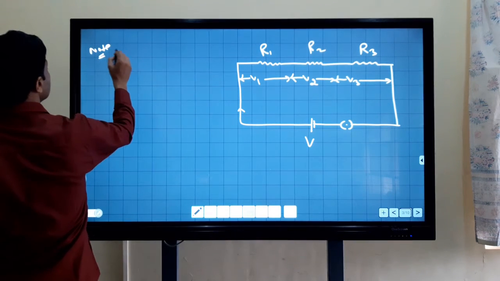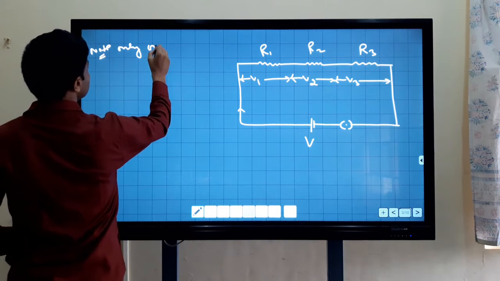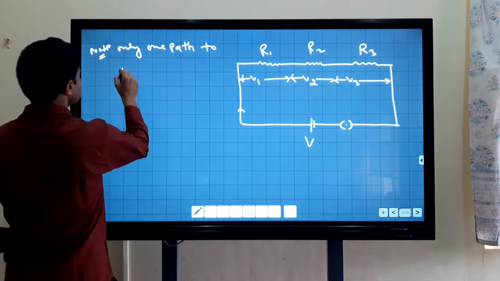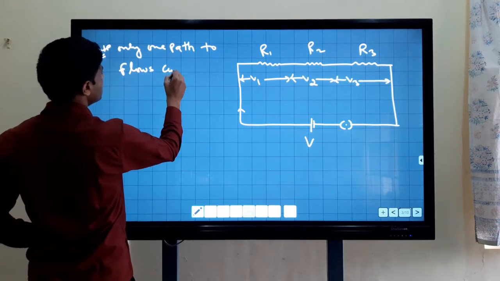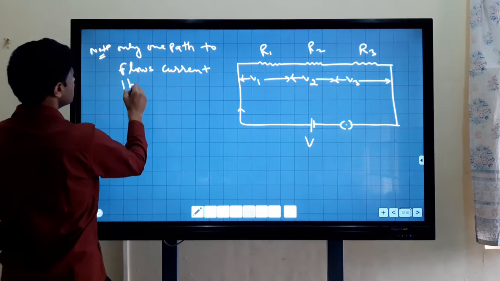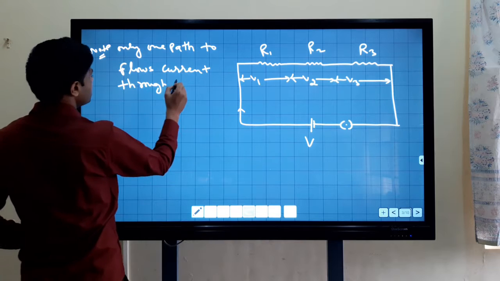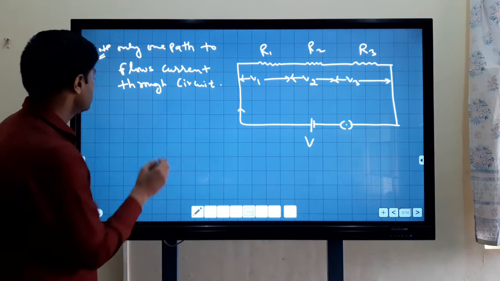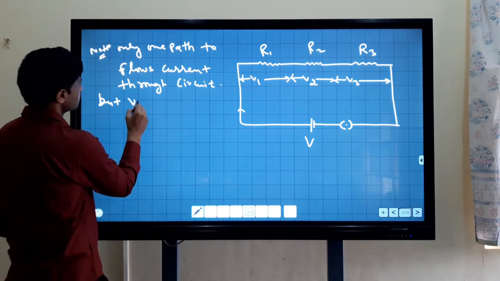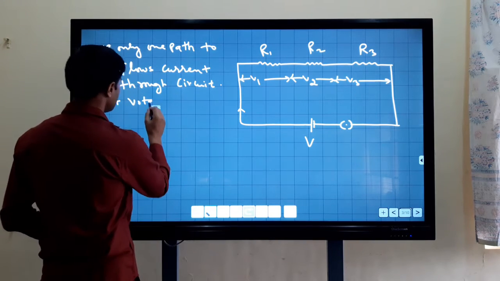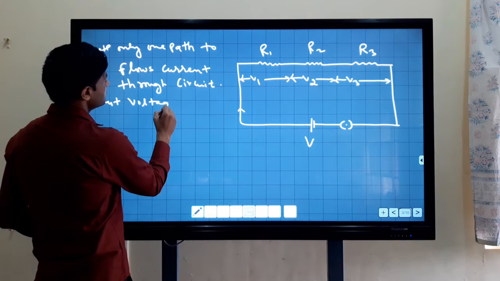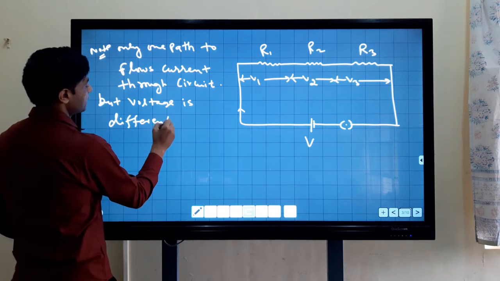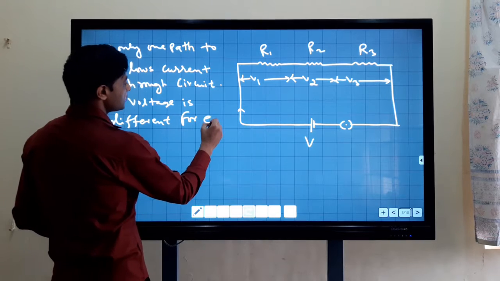Note the point that there is only one path for current to flow through the circuit, but the voltage is different for each resistor.